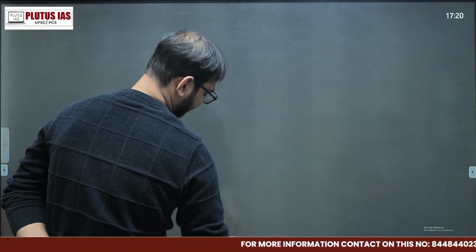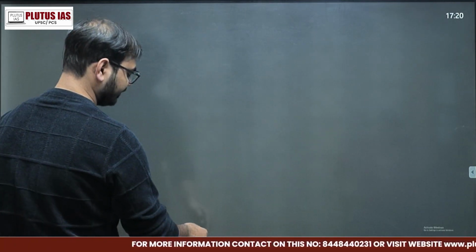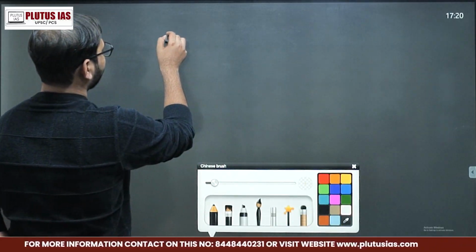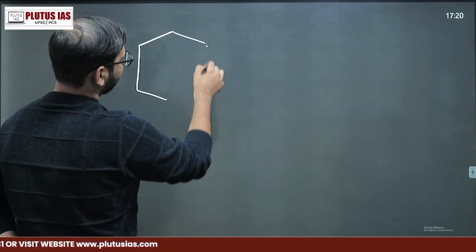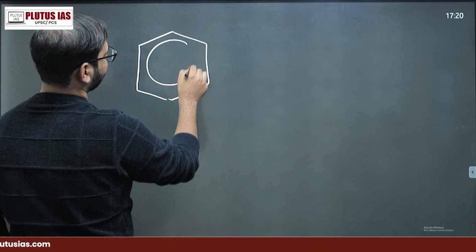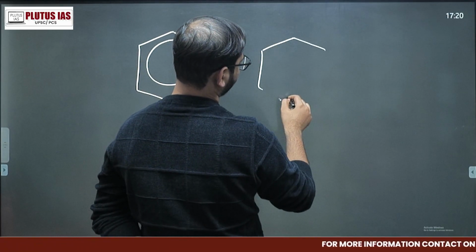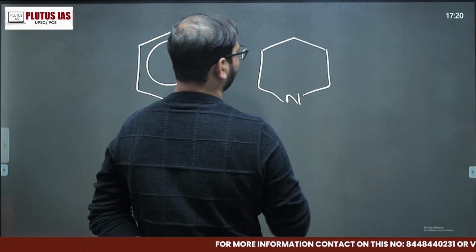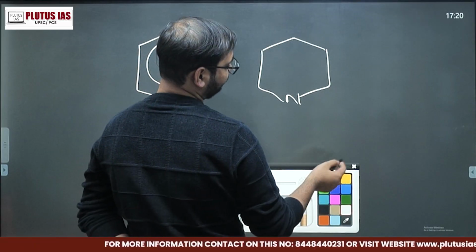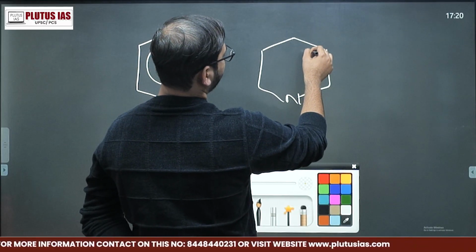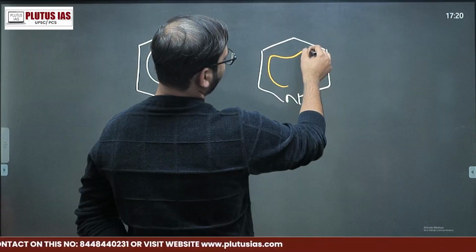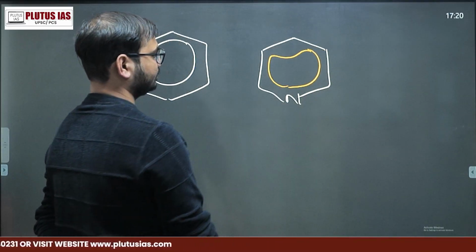Specifically, if I go for benzene, since benzene is a perfectly aromatic compound, its electron density is perfectly symmetrical over the ring. But in the case of a heteroaromatic compound, for example pyridine, since nitrogen is more electronegative, this electron cloud is more localized over nitrogen.